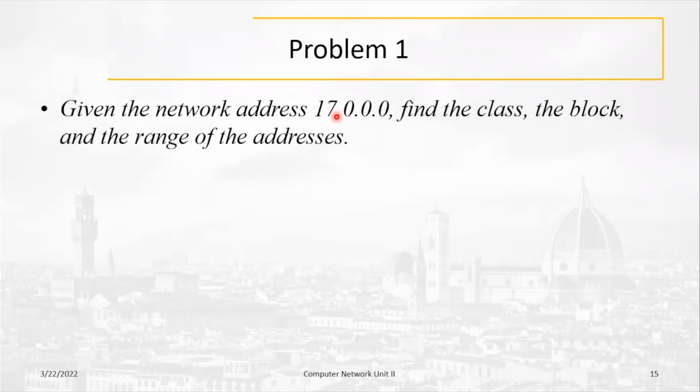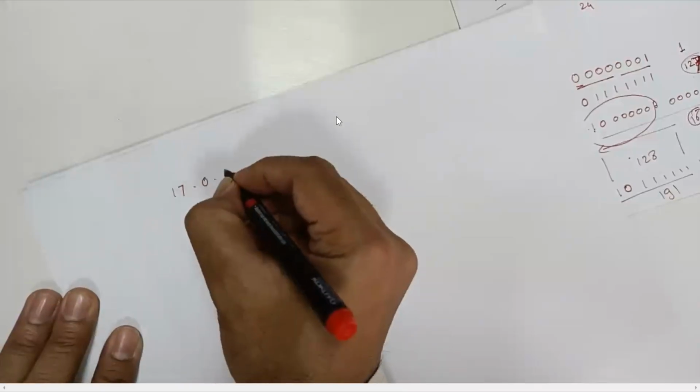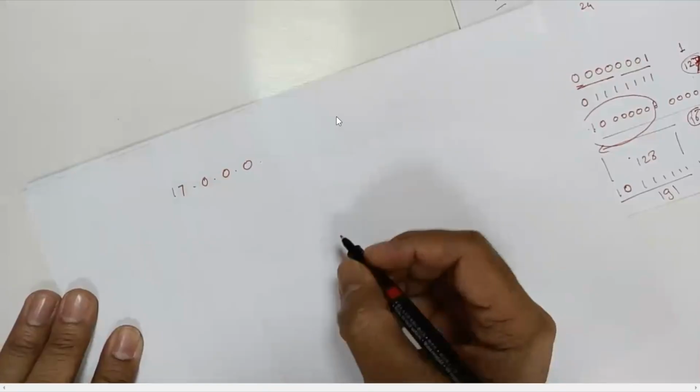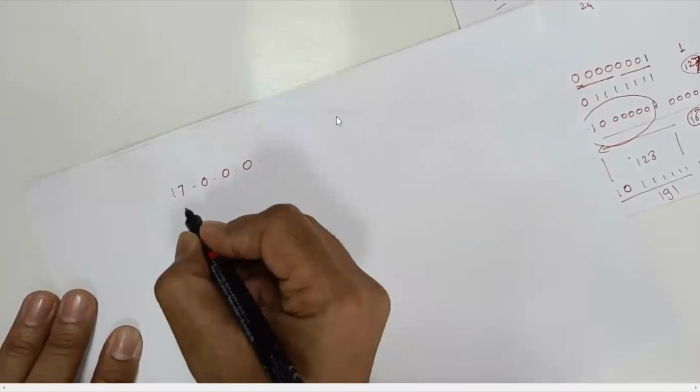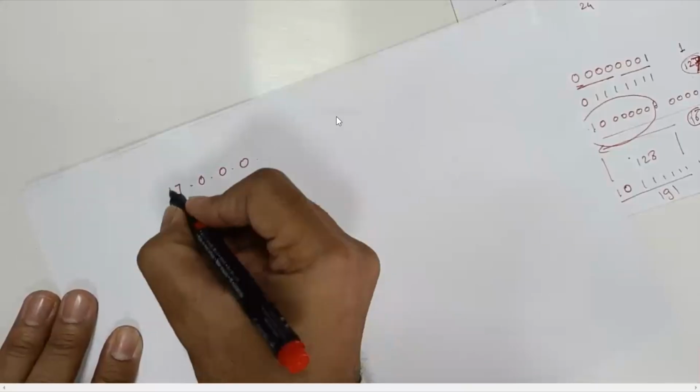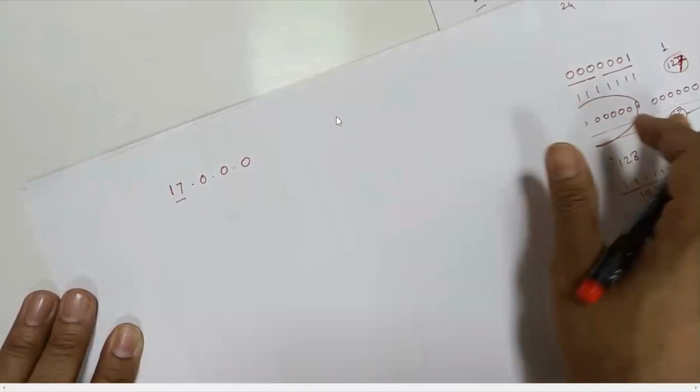Let's say the problem says that the network address is given. What is the network address? 17.0.0.0. Now if you look at the value of the first octet, what is the class that we can identify here?